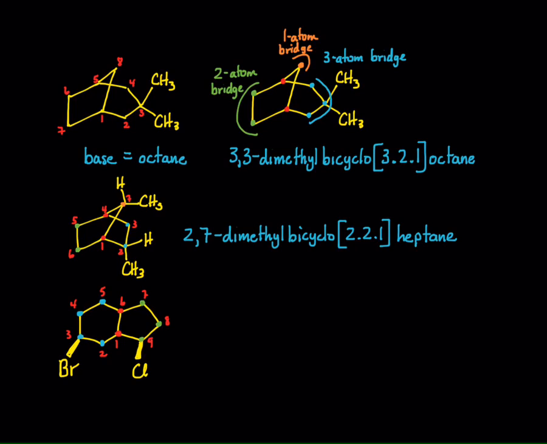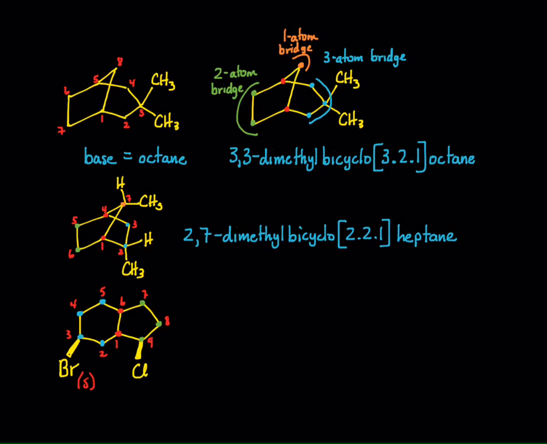And then I can assign absolute configuration. The carbon on the left has an absolute configuration of S, because bromine is going to take priority number 1, carbon number 2 is going to be priority number 2, and then carbon number 4 would be priority number 3.